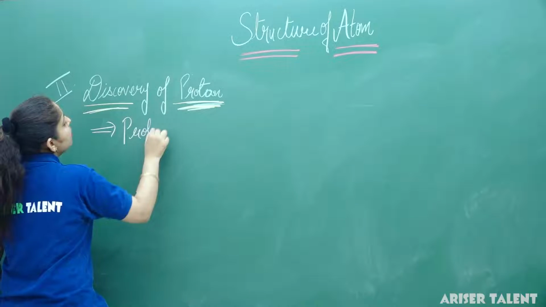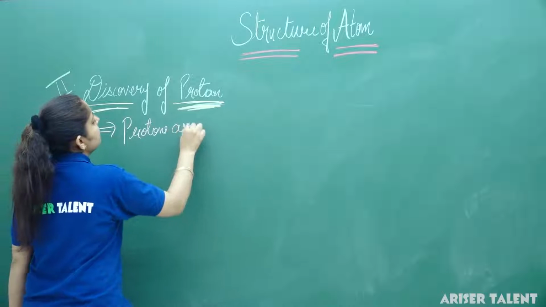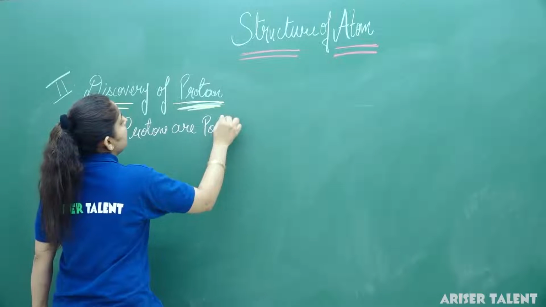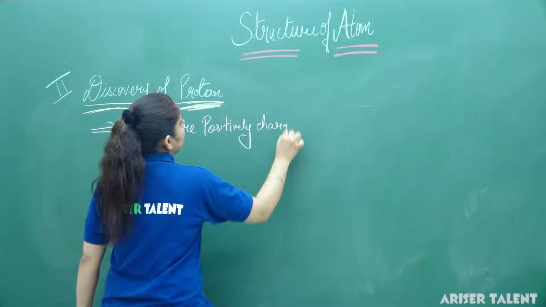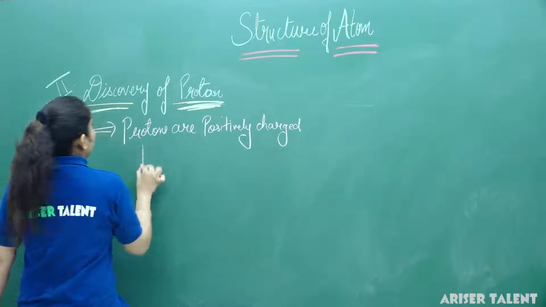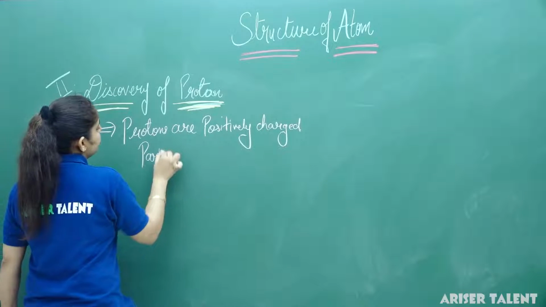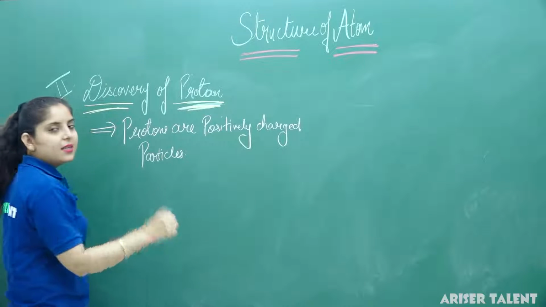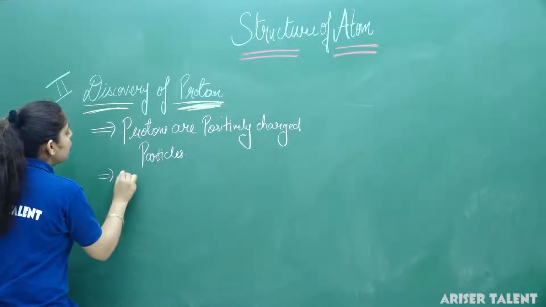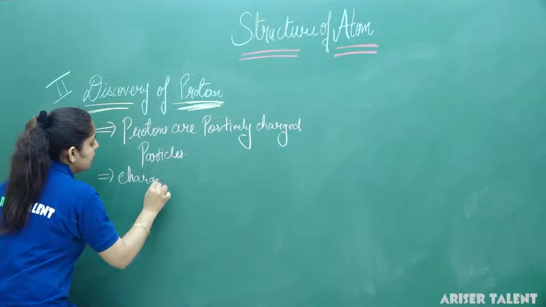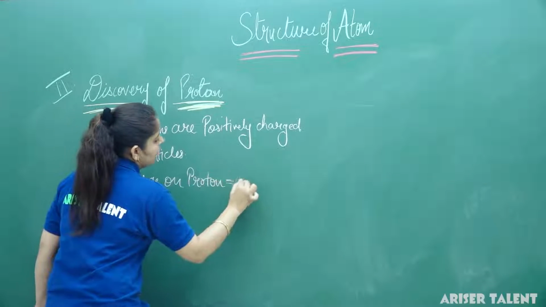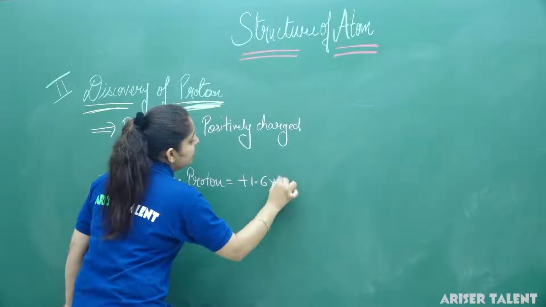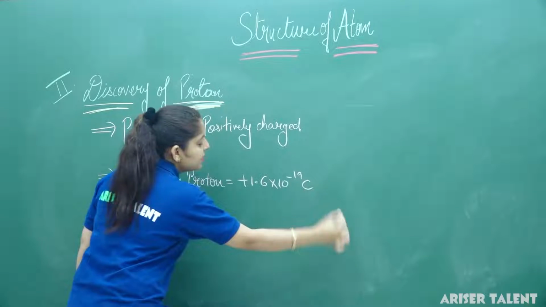So, firstly, protons are the positively charged particles. The charge on a proton is plus 1.6 into 10 raised to the power minus 19 coulomb.